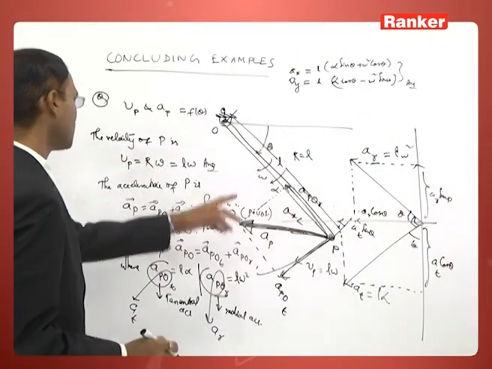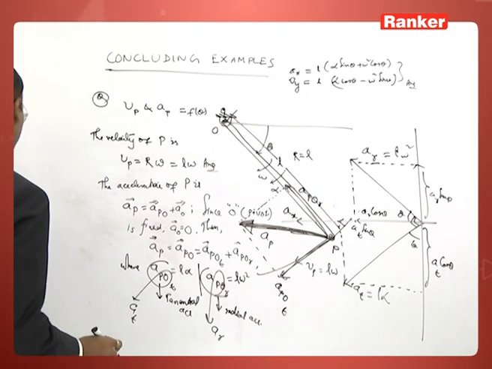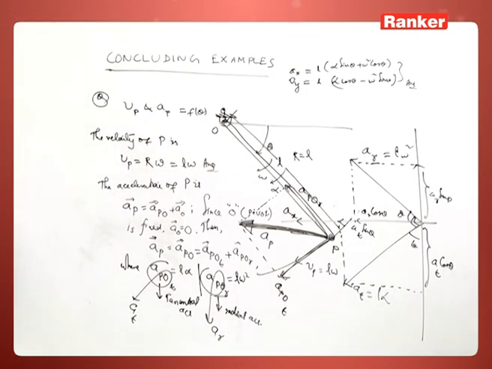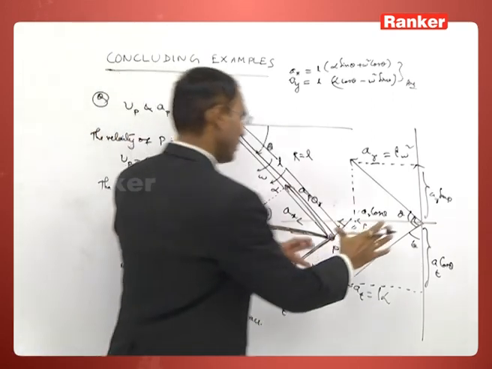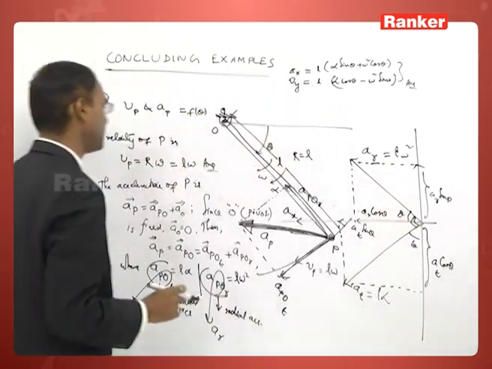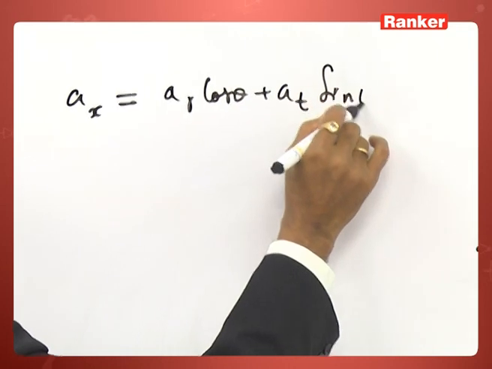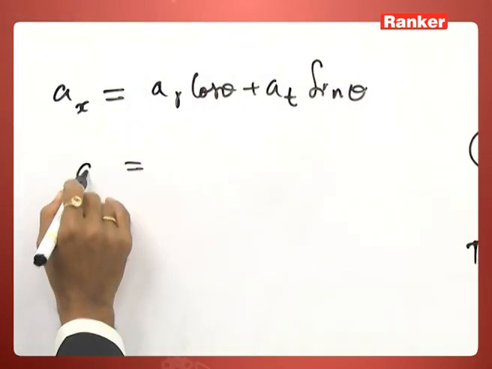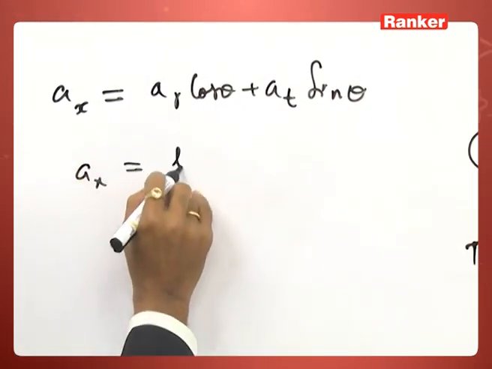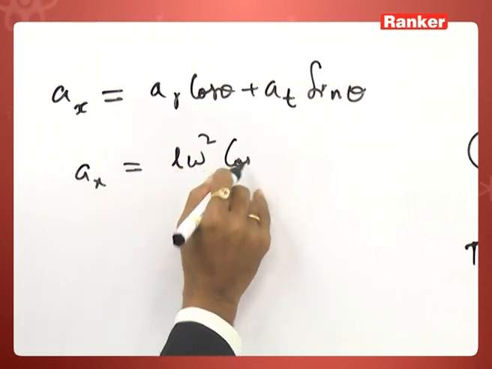Therefore, by using the component method, we can calculate acceleration of the particle along x direction will be equal to AR cos theta plus AT sin theta. What is AR? AR is equal to L omega square.